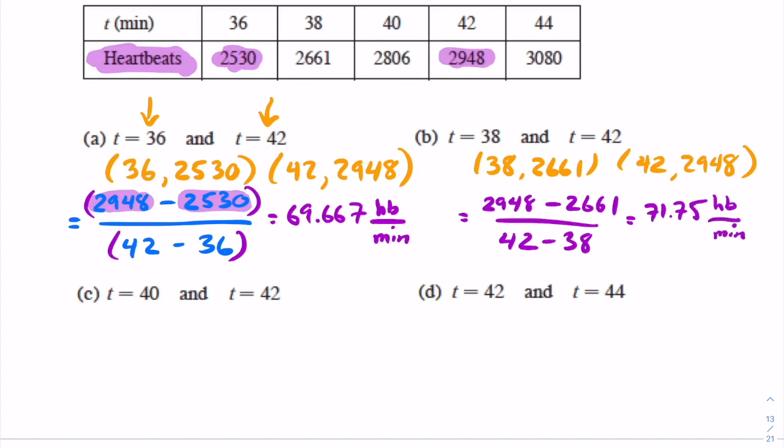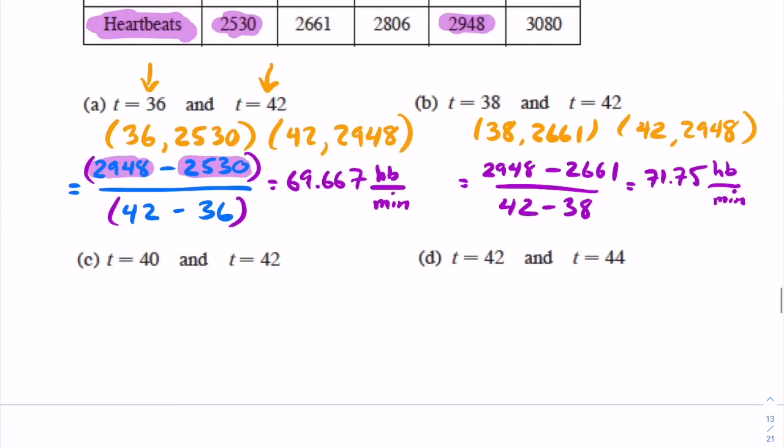Notice how when you're comparing the slope of a secant line from the 38th minute to the 42nd minute, the answers are a little bit different. Your heart is beating at about 71 beats per minute. I want you to go ahead and do parts C and D and then play when you're ready.